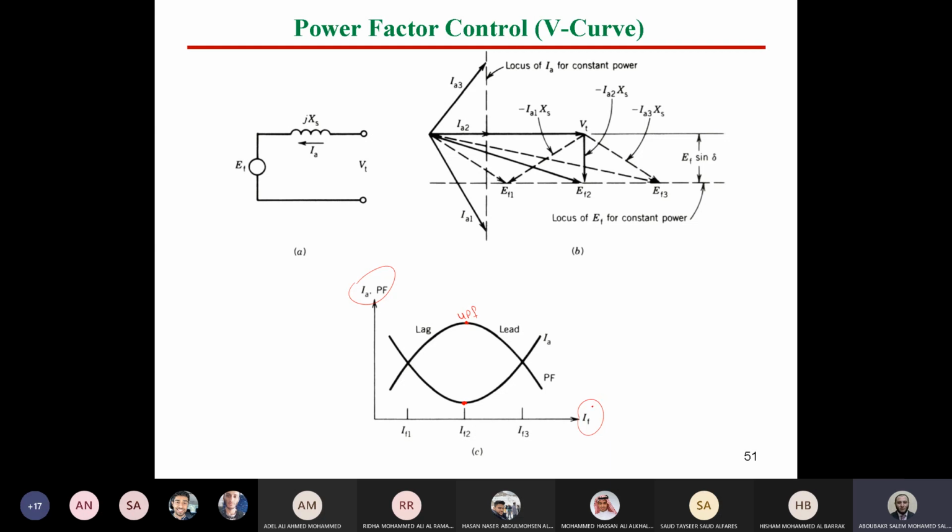So V curve is the relation between armature and field current. Of course, for V curve we can also plot the power factor curve.